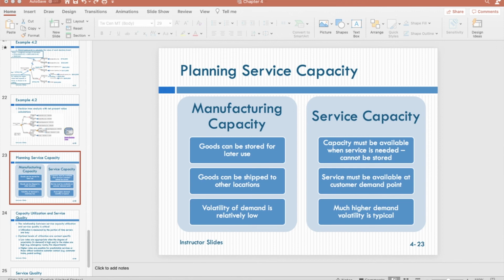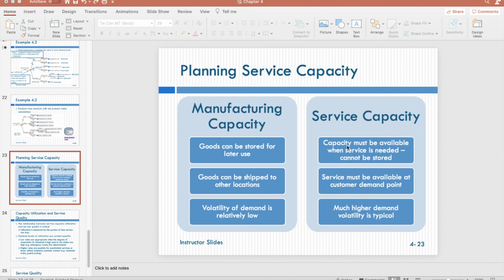On the other hand, if you look at the service type of industry, the capacity must be available when service is needed. If the customer comes, you provide the service within your firm.